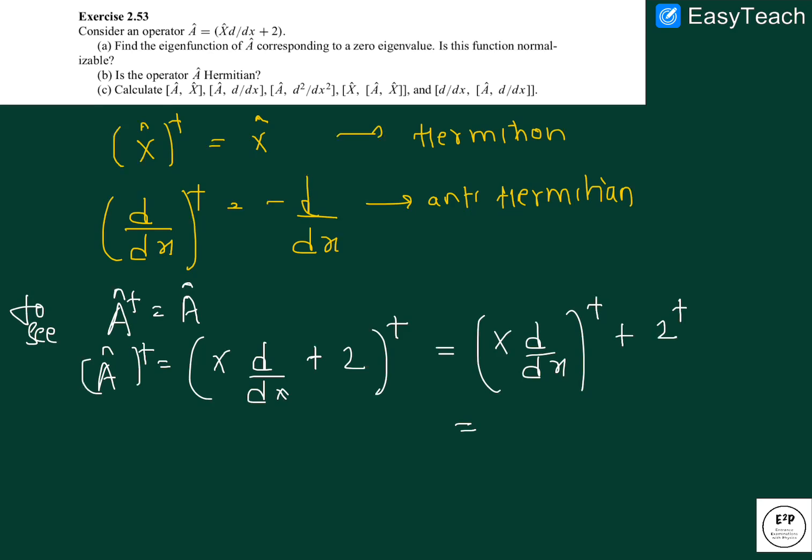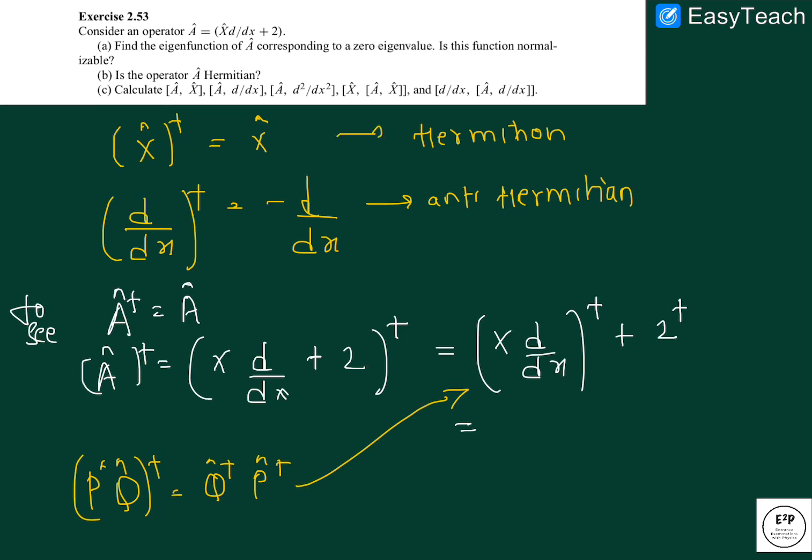Now if you remember, the property of Hermitian adjoint is if there is, let's say, some p operator and q operator, and we apply a Hermitian adjoint on them, then we get Hermitian adjoint of q into Hermitian adjoint of p.